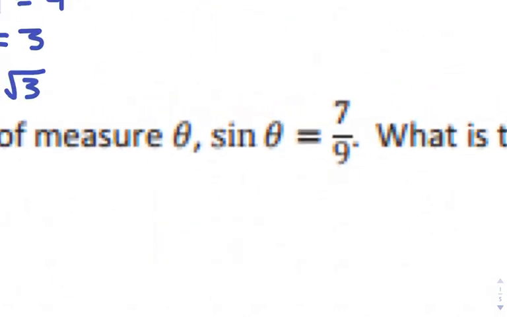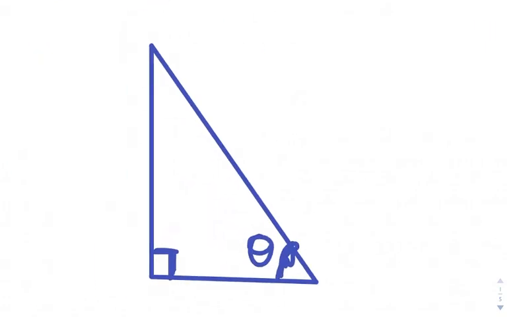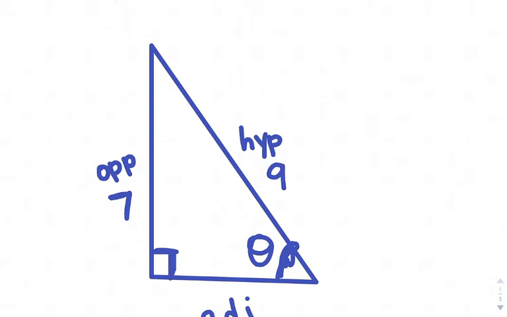So I come over to my triangle and I look at my opposite side, opposite this angle. And then my hypotenuse is across from my right angle, which makes this side my adjacent. So my opposite side was 7, my hypotenuse was 9.